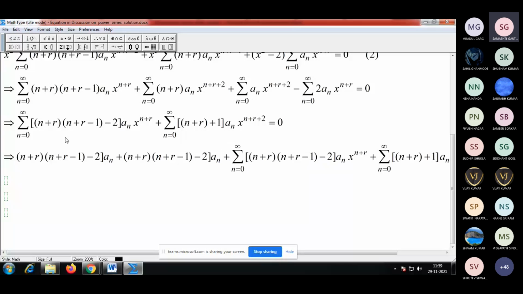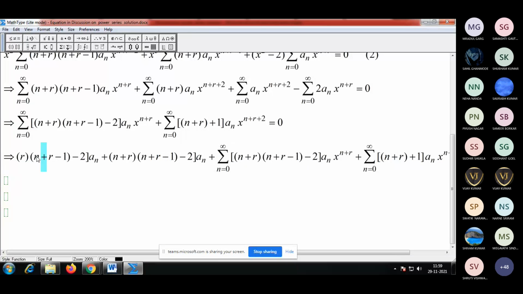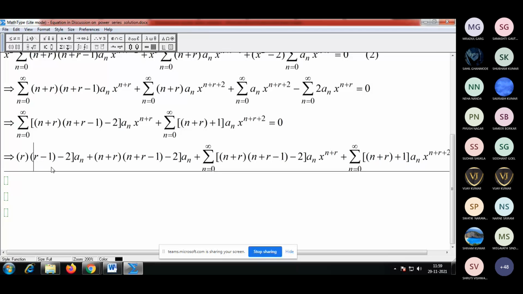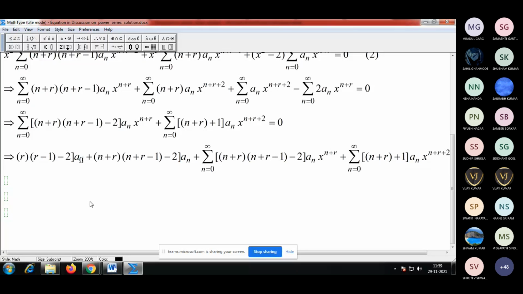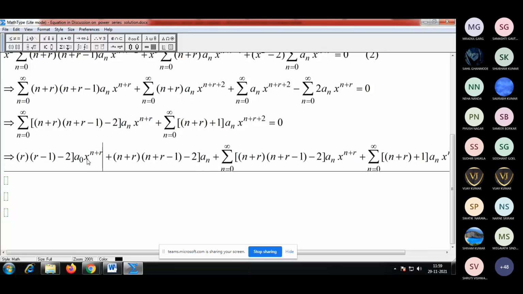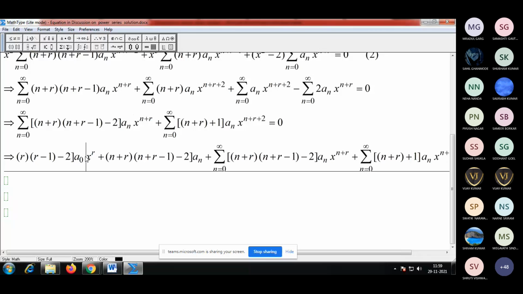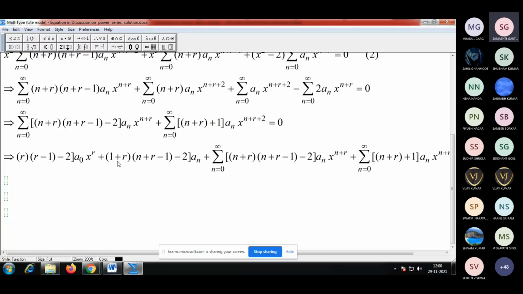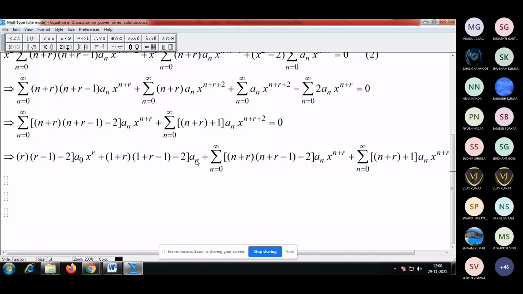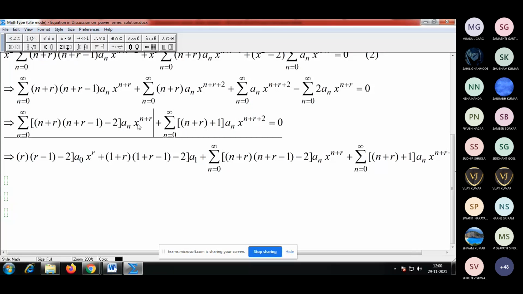For n equal to 0, it means r times r minus 1 a naught, x to the power r. Then the second term, n equal to 1, and x power r plus 1.